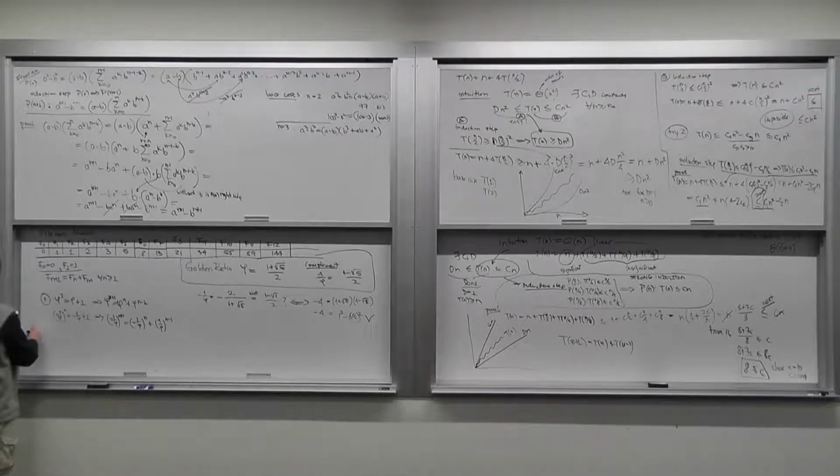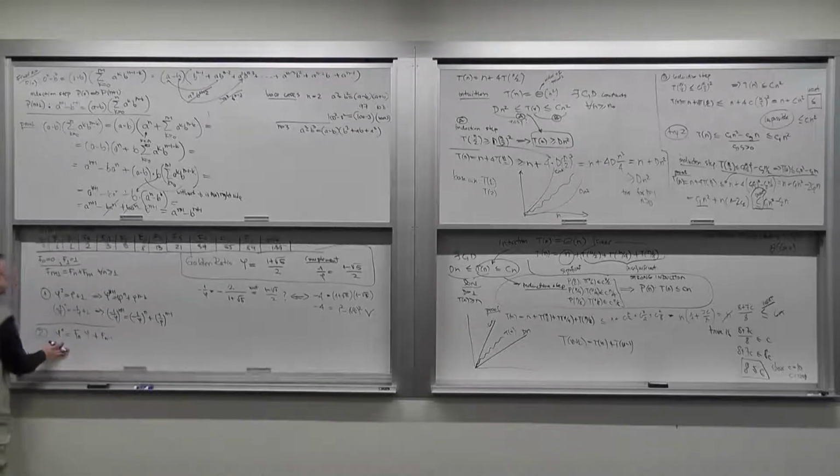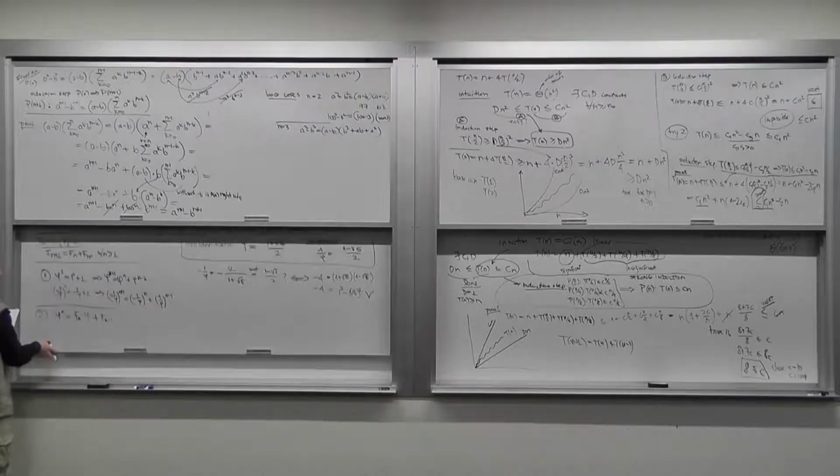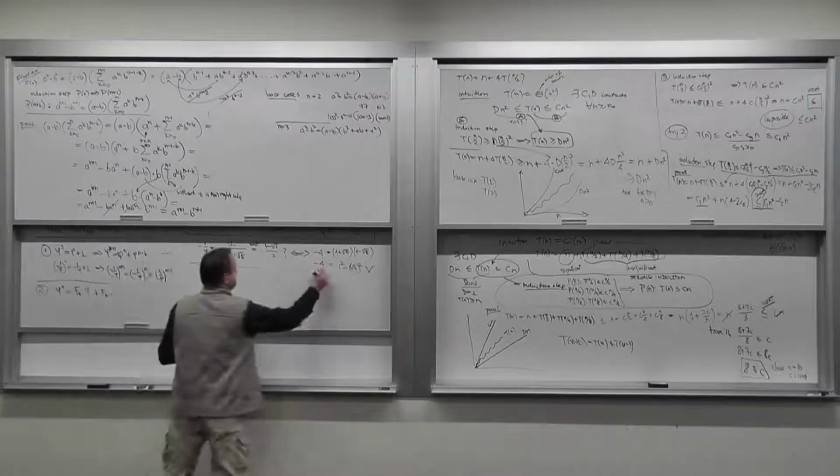The second part that we're going to do, we put here a 2. We're going to prove that phi at n is the Fibonacci number times phi plus phi of n minus 1. The third part that we want to prove, put it here, 3.